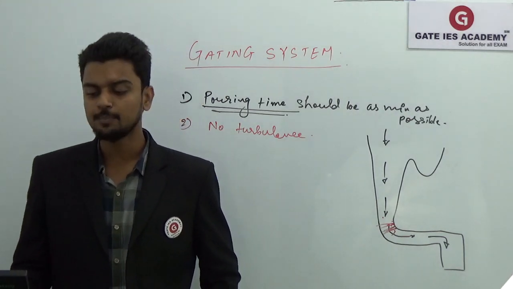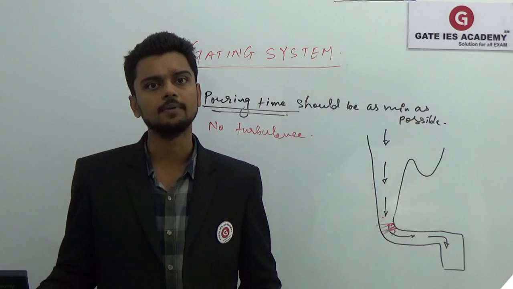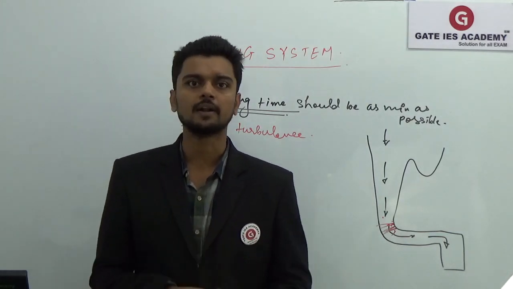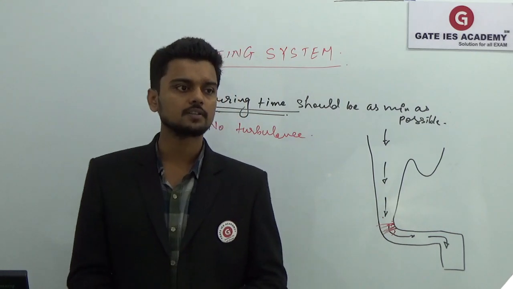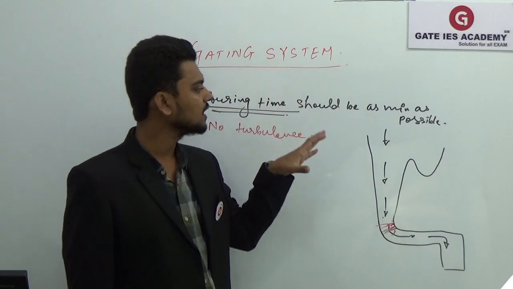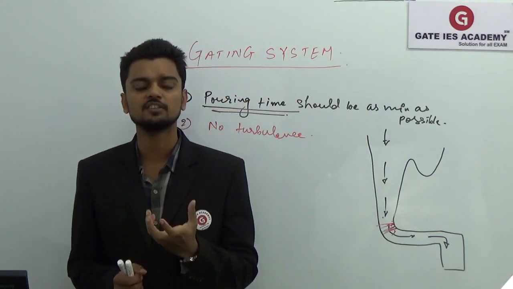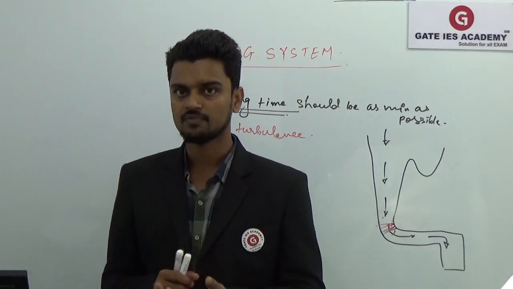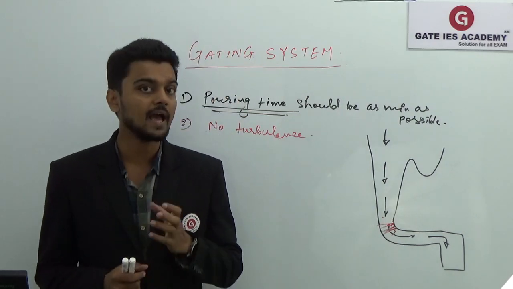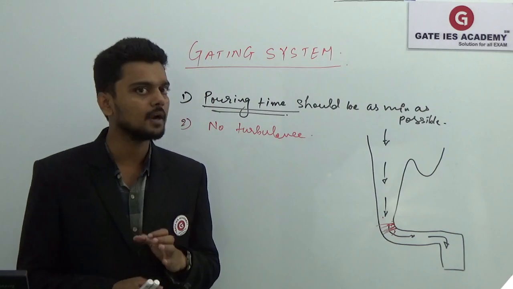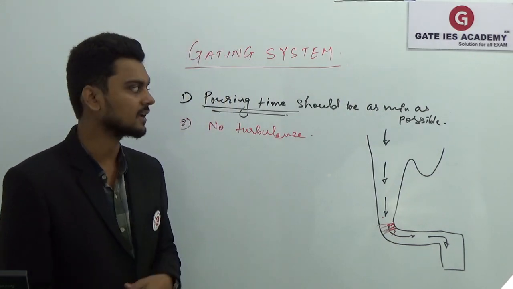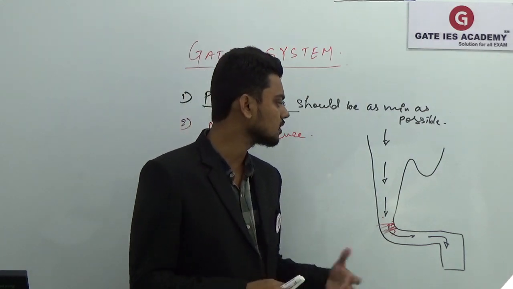And the third is impurities should not enter the mold cavity. There are a number of impurities present in your molten metal. So obviously your gating system should be able to separate the different impurities. Then only you will get the casting which will be free from defects. So it will have some element which should be able to filter those impurities, like a filter.